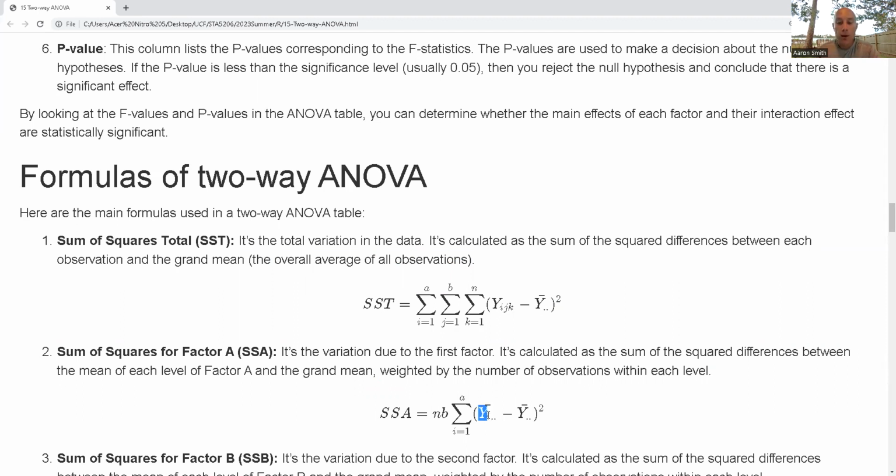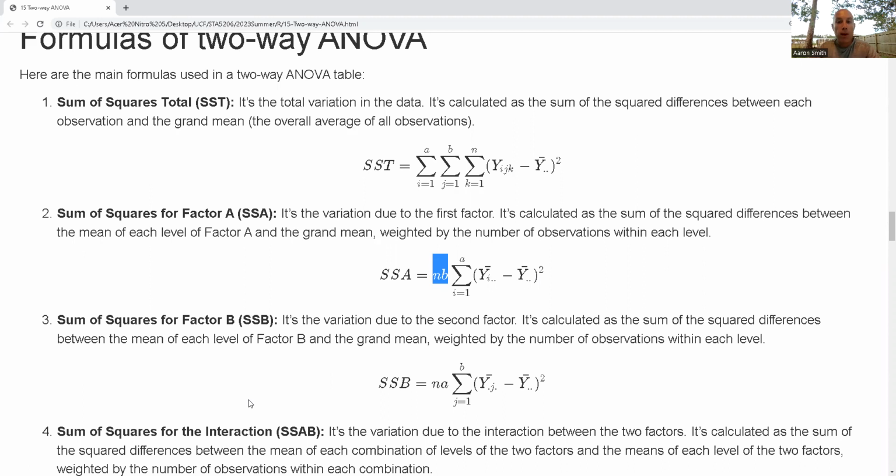So I take each level of variable A, I take the corresponding dependent variable averages, subtract off the overall average, square it, then add it up. And then I multiply by the number of observations to get the right value. So number of observations, and then multiplying by B, same B over here.